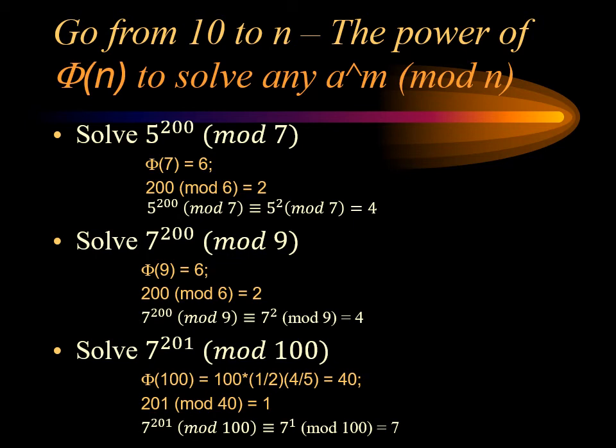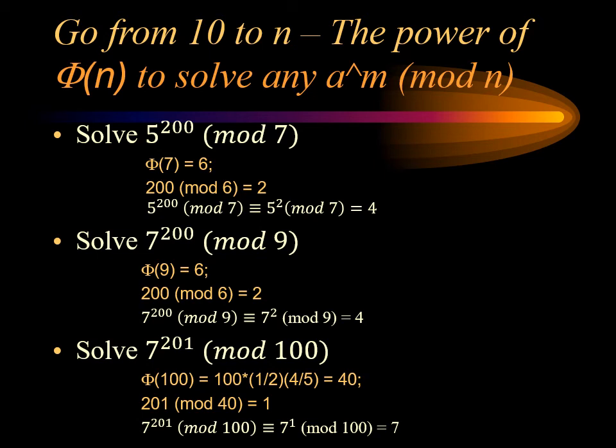We're applying modular 7 to the power, and we know that at the power position you need to look only at the remainder of 200 by 6, because 6 is that magic number there. And you can see 200 mod 6, the remainder is 2.